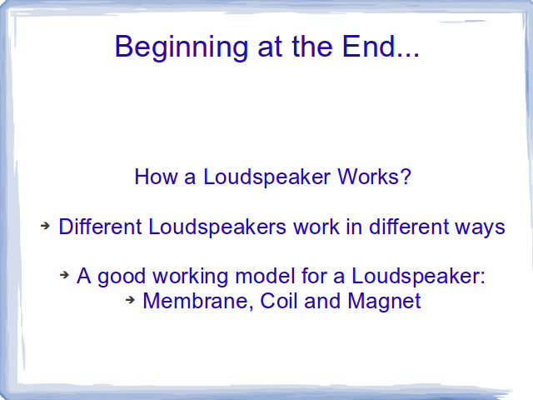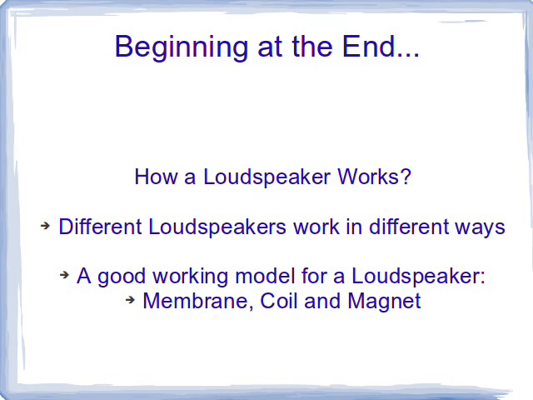Let's explain quickly how a loudspeaker works. There are a lot of different models of loudspeakers in the market, but in a nutshell, a loudspeaker can be modeled as a membrane attached to a magnet that runs freely inside a coil.